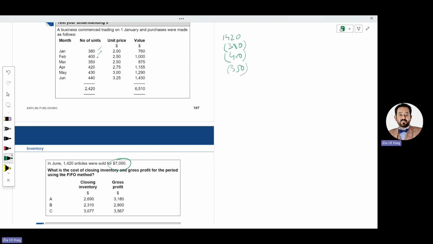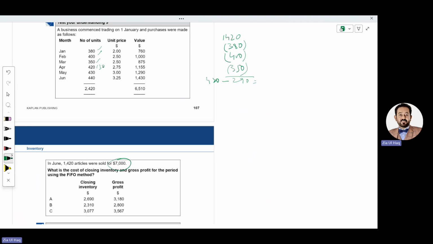So this gone, this gone, this gone. How much remaining? 1420 minus 1130, how much is remaining? That we need to deduct from the April 420. So 290 will be gone from this. So how much will be remaining? 420 minus 290. 130 will be there.